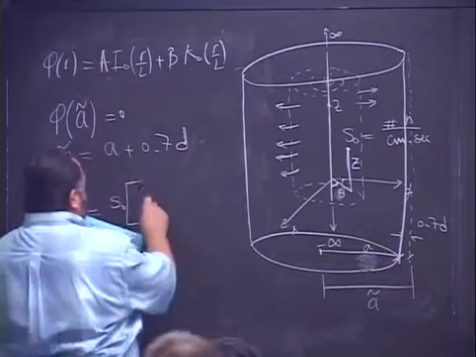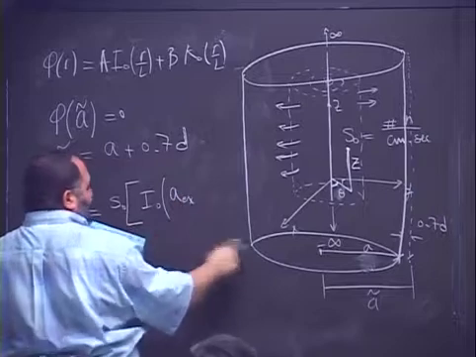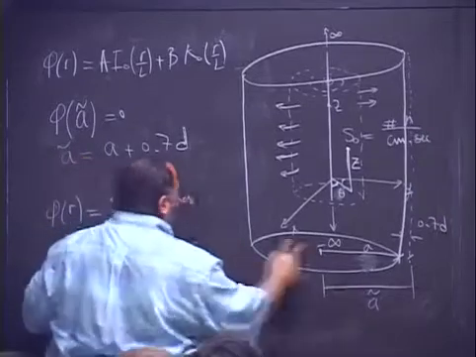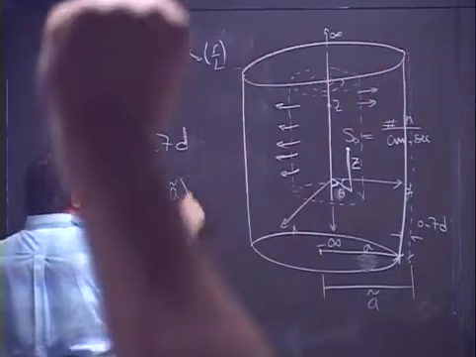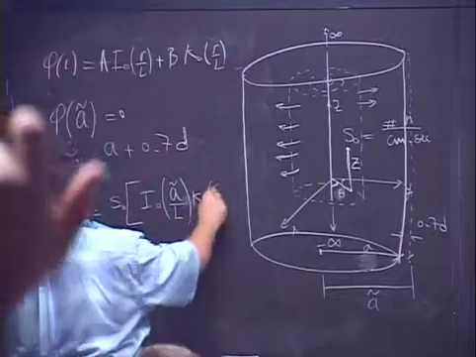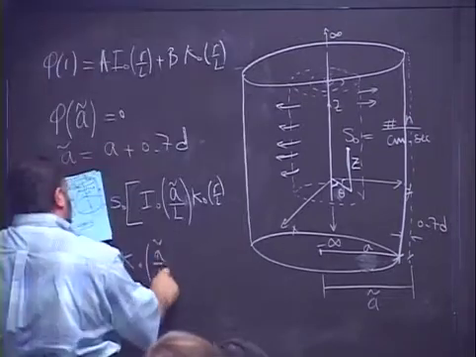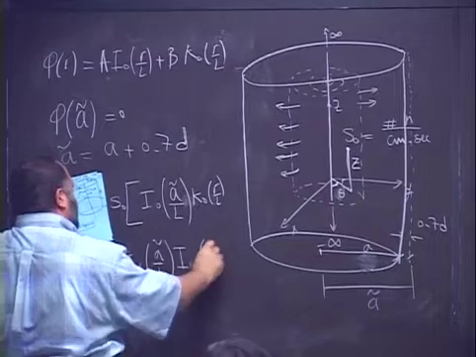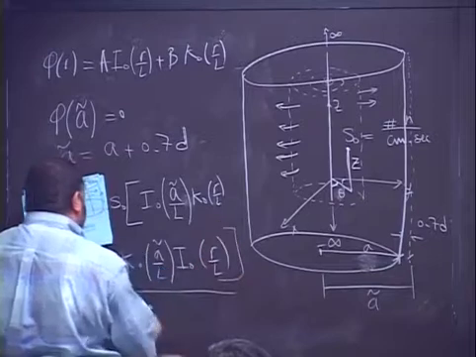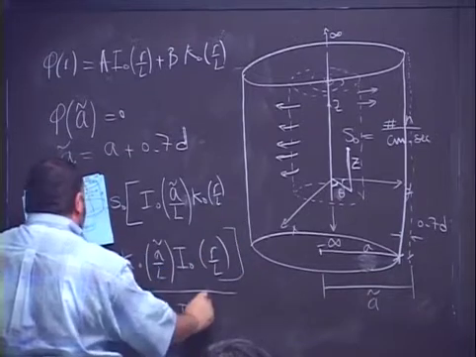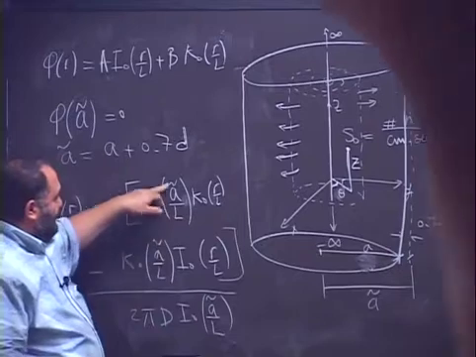So in this case, I will have both I naught and K naught. I will have I naught of A extrapolated, so to be consistent I will call it A tilde, divided by L, multiplied by K naught of r over L, minus K naught of A tilde over L multiplied by I naught of r over L, all divided by 2 pi D I naught of A tilde over L. So I naught of A tilde over L is a constant.